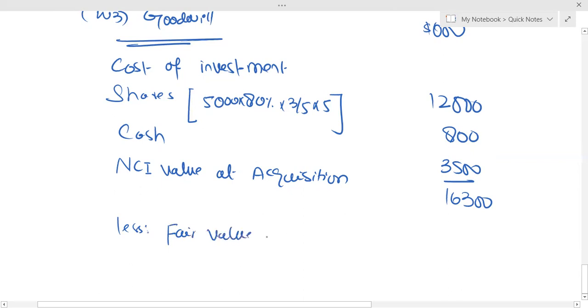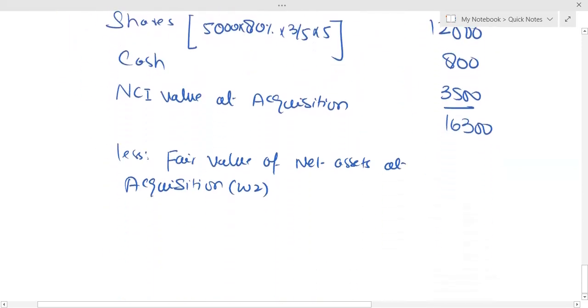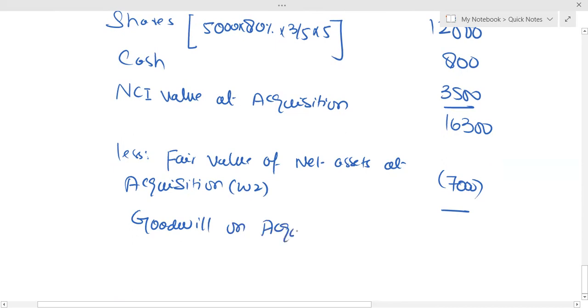Fair value of net assets at acquisition is 7,000. Here comes the goodwill on acquisition, $9,300.